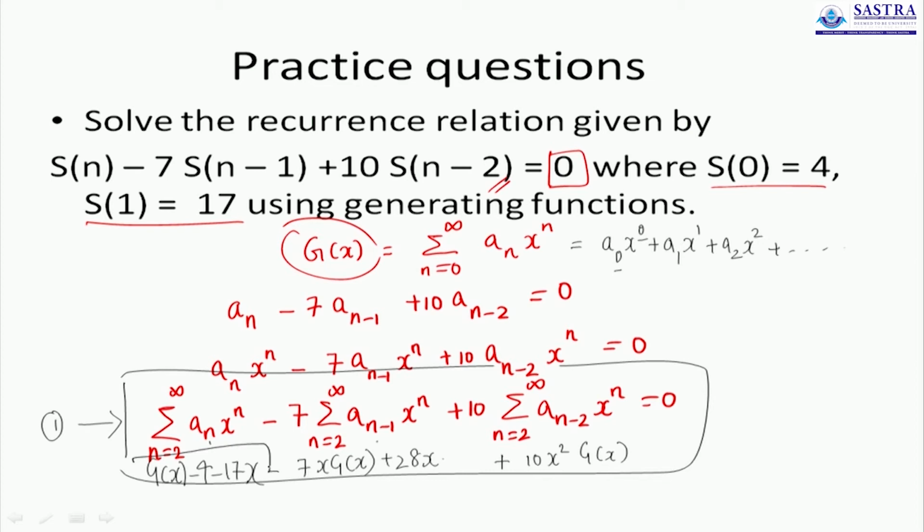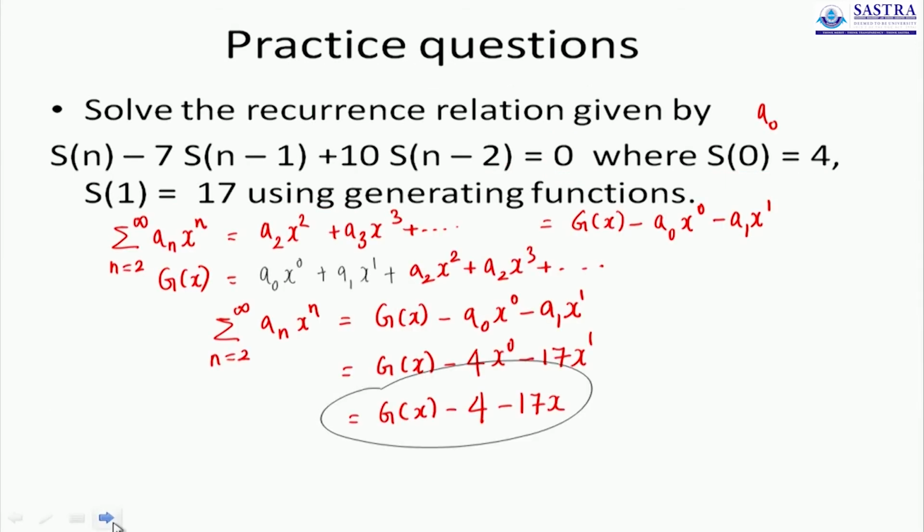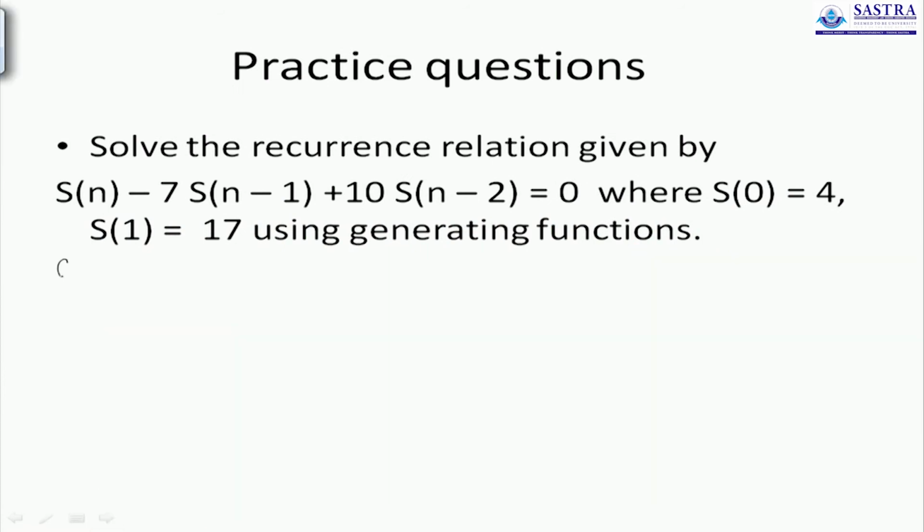So each of the summations has been represented in the form of the generating function, which means we are free to start solving and identifying what the generating function is. That is what we will do in the next slide. So we have g of x minus 4 minus 17x minus 7x g of x plus 28x plus 10x squared g of x, all of them giving us 0 as the RHS.